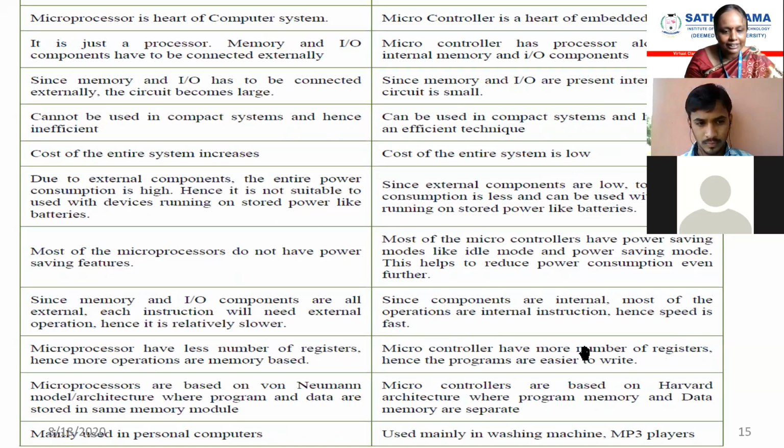The oscillator itself goes into active mode or idle mode, and power is automatically saved. We relate the power with the oscillator: if my oscillator is operating at high frequency, obviously my power consumption is also very high. To avoid that, we always have a power saving mode, the idle mode. So I can save my power in the microcontroller.